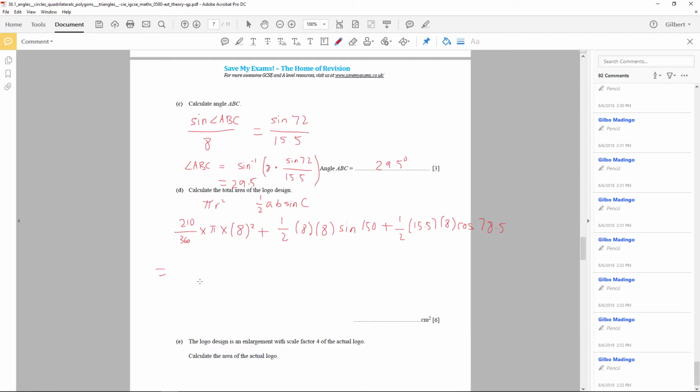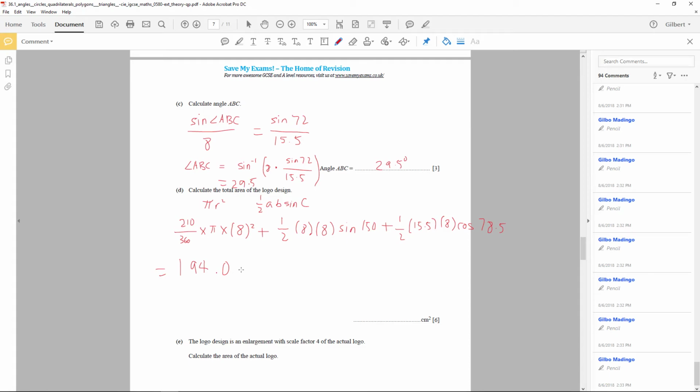Okay, when you type this in and add everything into your calculator, 210 over 360 times pi times 8 square plus half a b sine c plus half a b sine c. Your final answer should be 194.0.